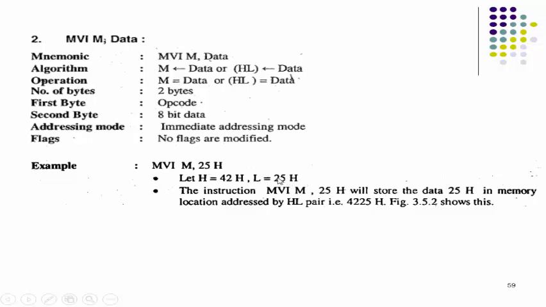Don't get confused with this 25hex and this 25hex. In L register is 25hex, so the instruction MVI M, comma, 25hex will store the data 25hex in the memory location addressed by HL register pair, that is 4225. So at location 4225hex you will find the 25hex immediate data.